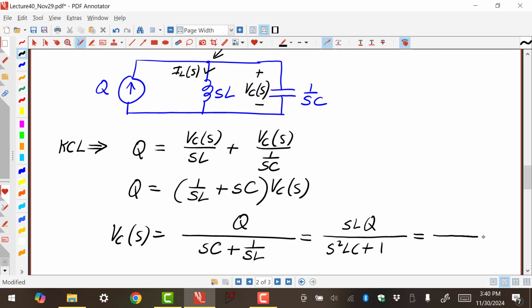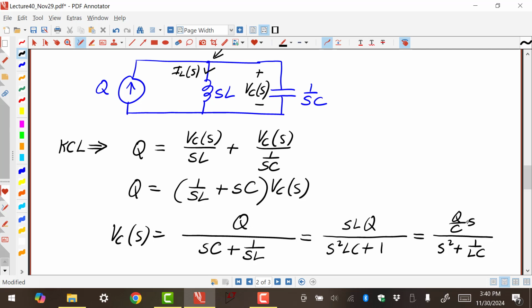Now we have S squared plus 1 over LC, and the numerator, divided by LC, gives S over C times Q, so Q over C times S, because we divide by LC.